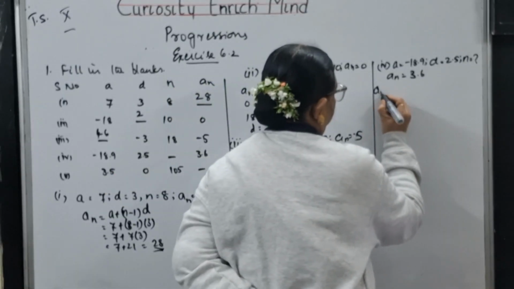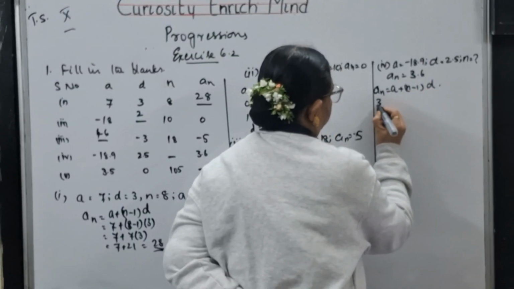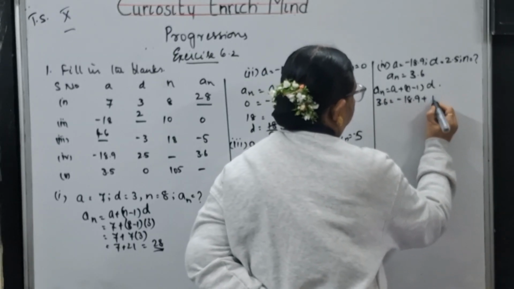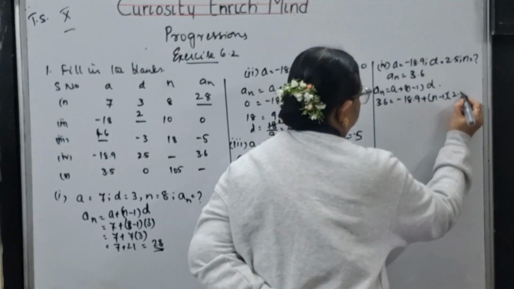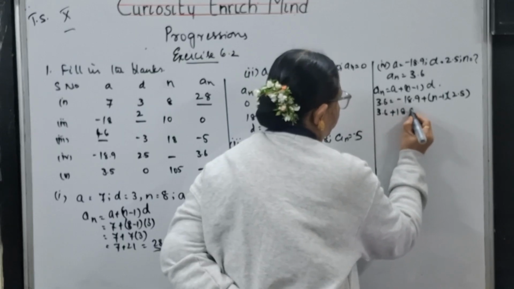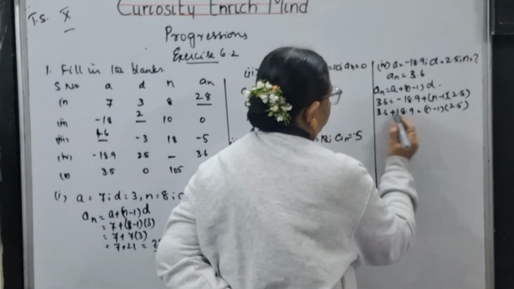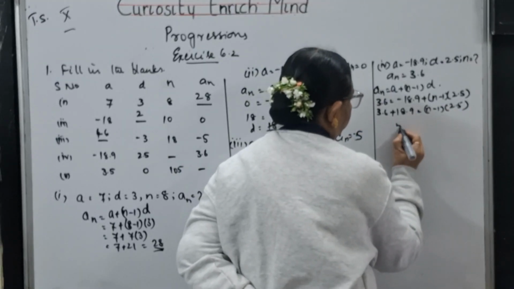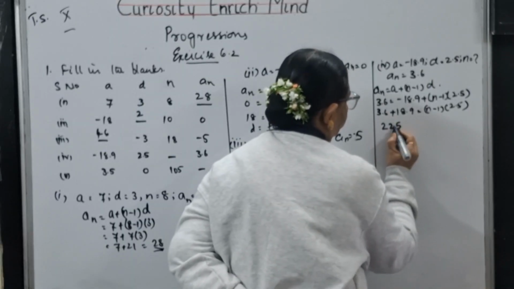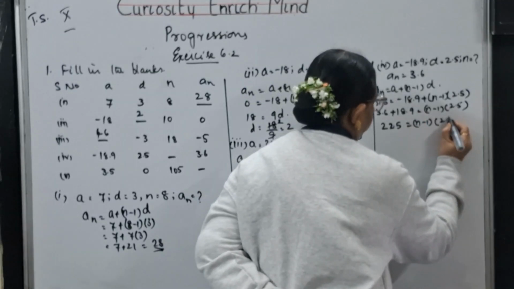Now, AN is equal to A plus N minus 1 into D. AN is 3.6 is equal to A minus 18.9 plus N we don't know, N minus 1 into D is 2.5. That means 3.6 plus 18.9 is equal to N minus 1 into 2.5. So this is how much you are getting, children. 9 plus 6 is 15, 9, 12, 22.5 you are getting. 22.5 is N minus 1 into 2.5.